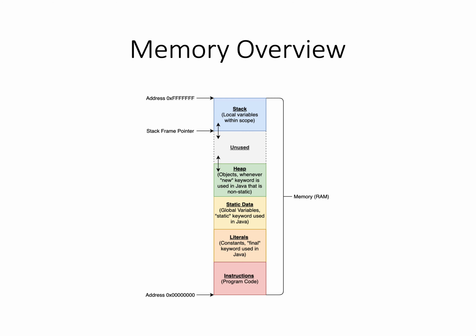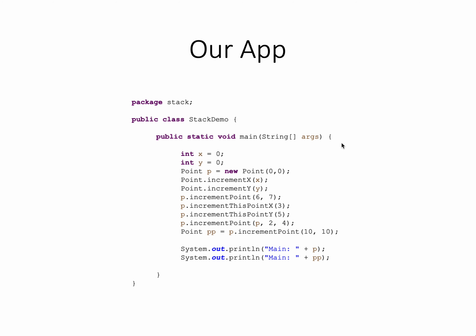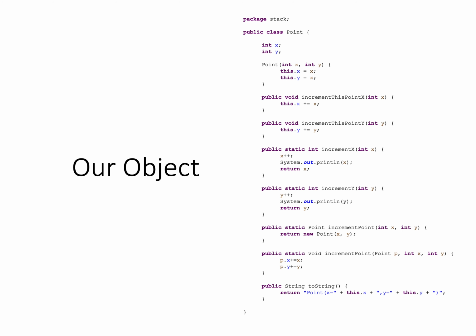And so that's why I made them very similar to one another. And then here is our object. This is the point object code, or the class code. You can see that the app is referring to all of the methods within this point class. Within our point class, this is the constructor of the point object.